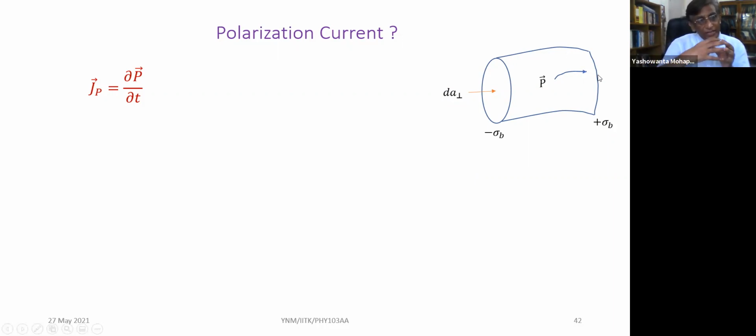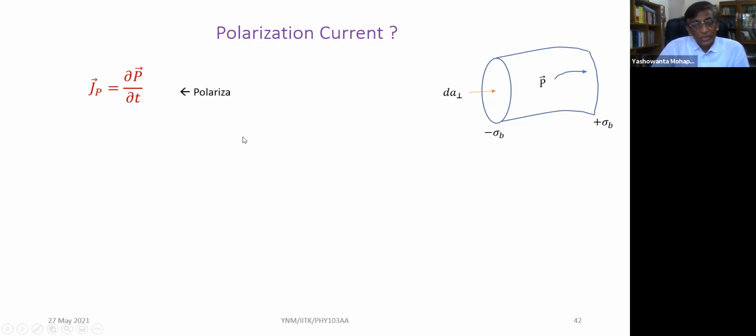So it looks like as if there is a flow of the bound charge from one face to the other. Okay, there is no corresponding magnetic current like this, because there is actual movement of charges. So if P changes as a function of time, of course, which means there is a polarization and it is changing, so there is a change in both minus sigma B and plus sigma B.